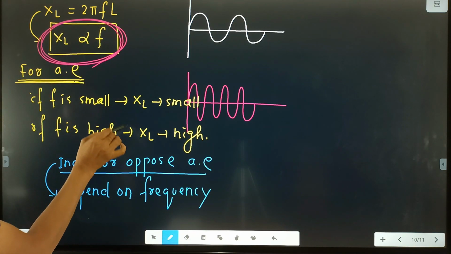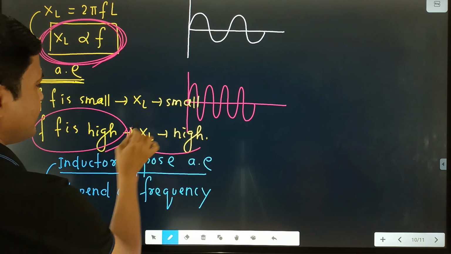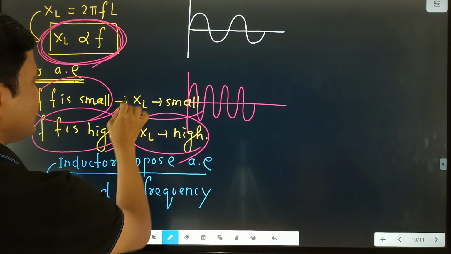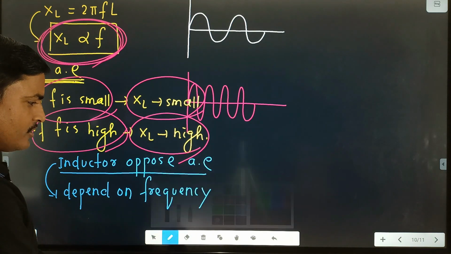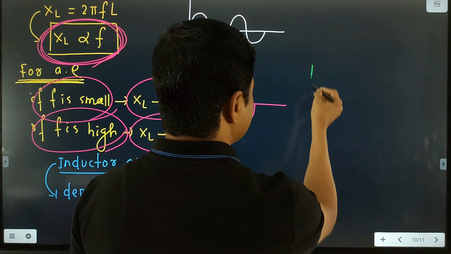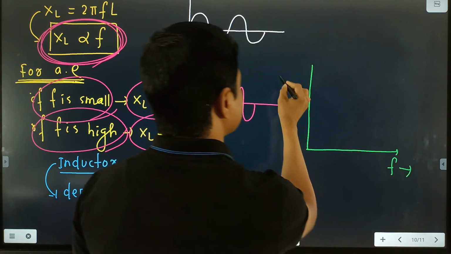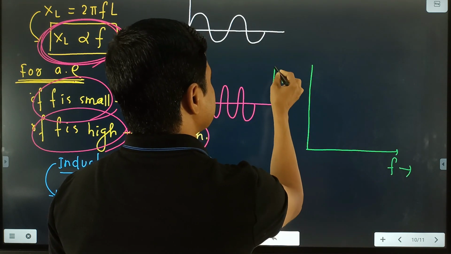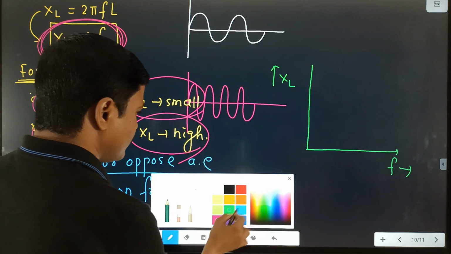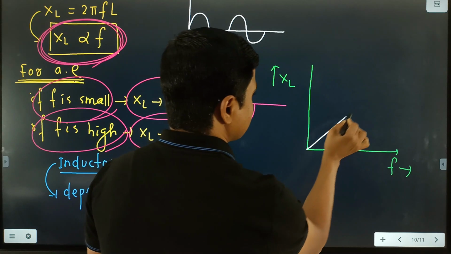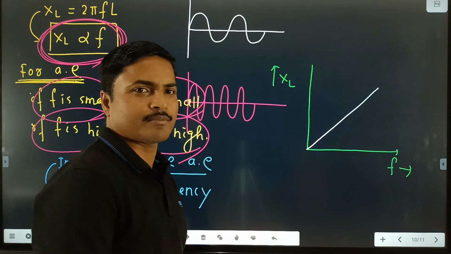If we increase the frequency, inductive reactance is increased. If we decrease the frequency, inductive reactance is decreased. So if we draw a graph between frequency and inductive reactance, then if we increase the frequency, inductive reactance is increased. The graph is just like this.